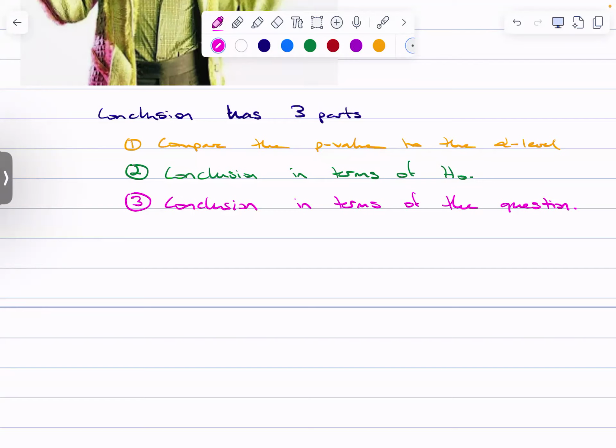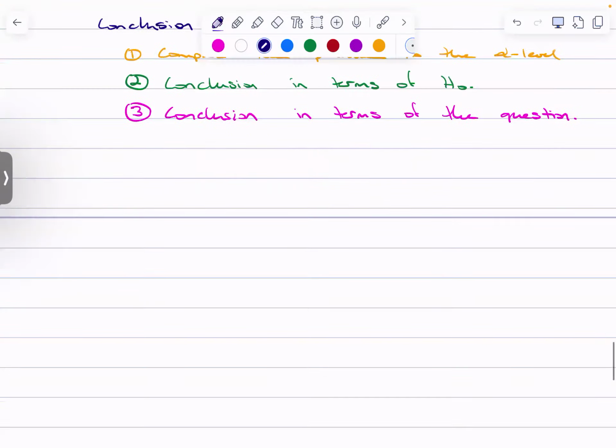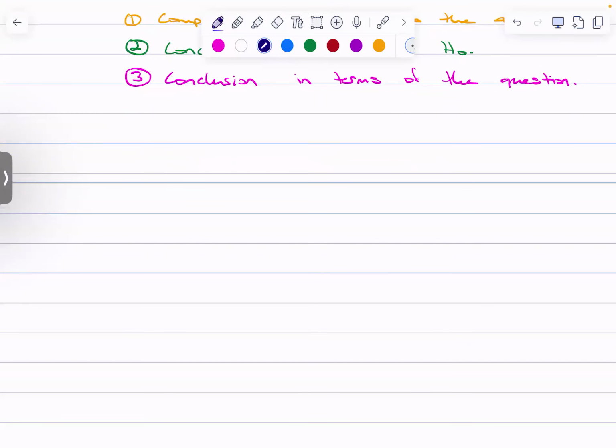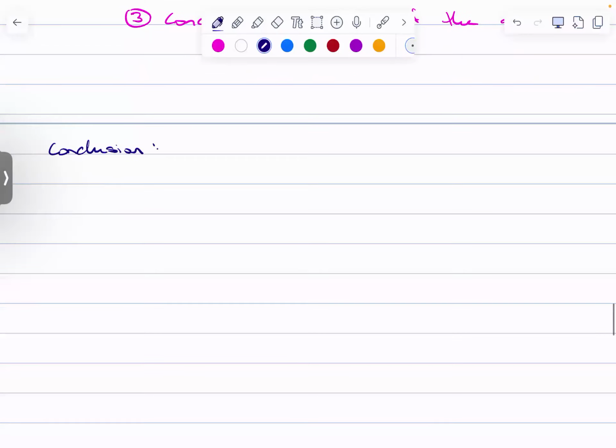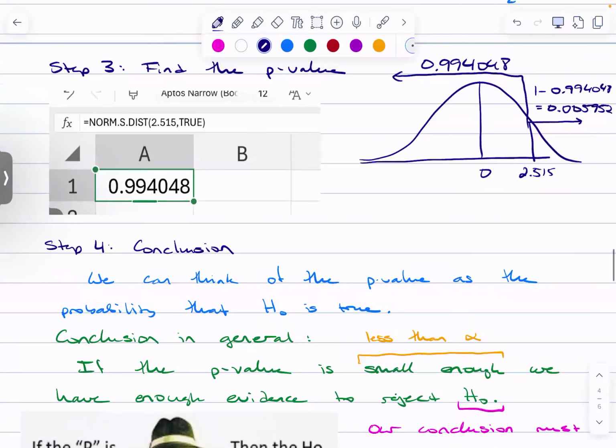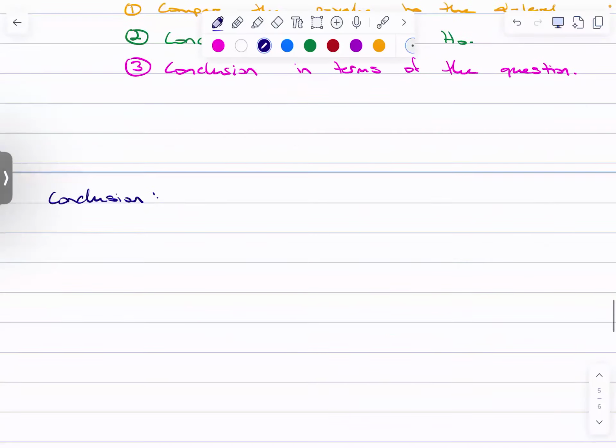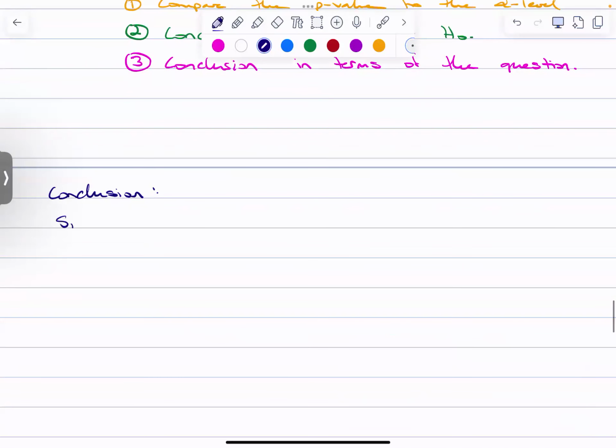So for us, conclusion. It's going to look like this. I'll have to remind myself, it was very small, 0.005952. Since our one-sided p-value, right?